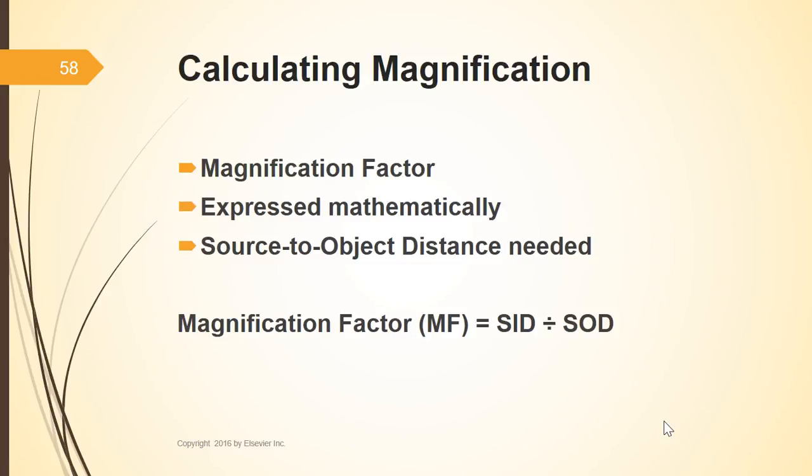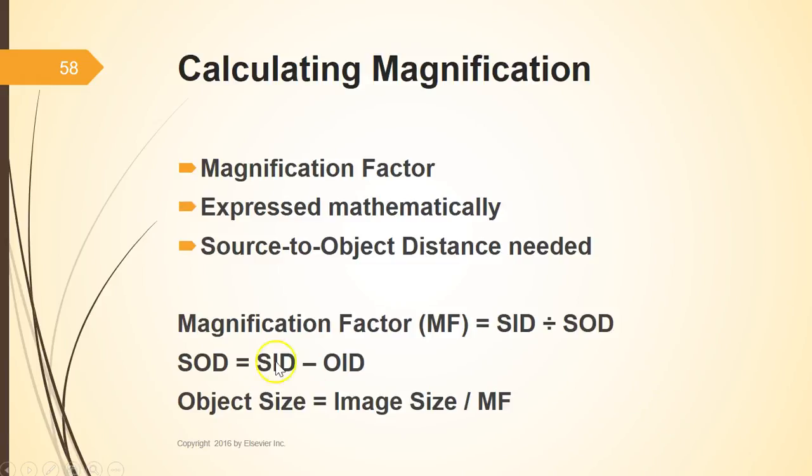Now, we don't necessarily have this, but you should be able to have at least your SID, from the tube to the image receptor, and your object to image distance, from the object to the image receptor, and you subtract them, you get your SOD. I like to say the magnification factor is SID divided by SOD. Then the object size is the image size divided by the magnification factor.